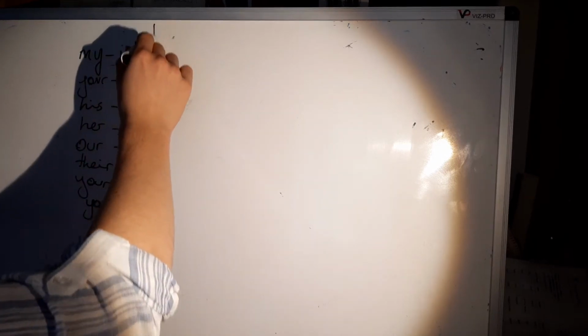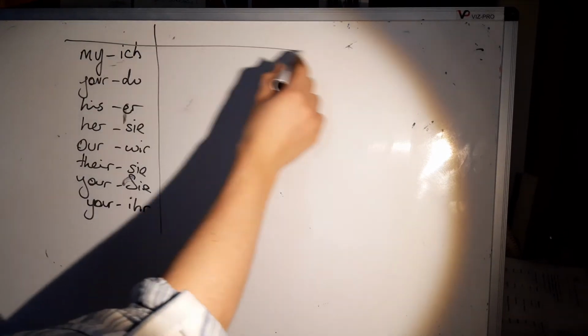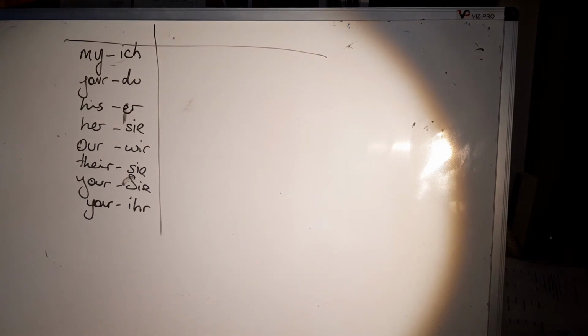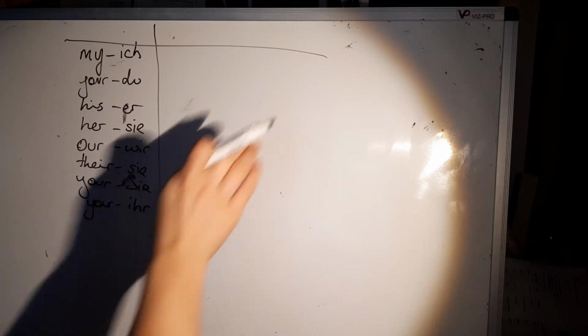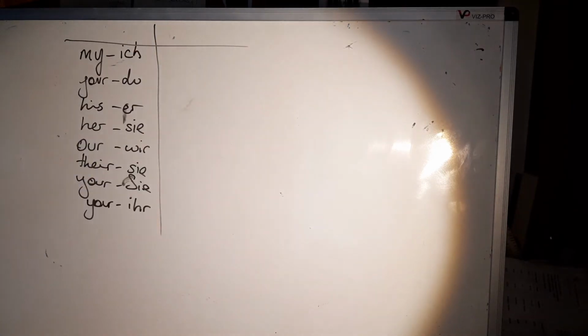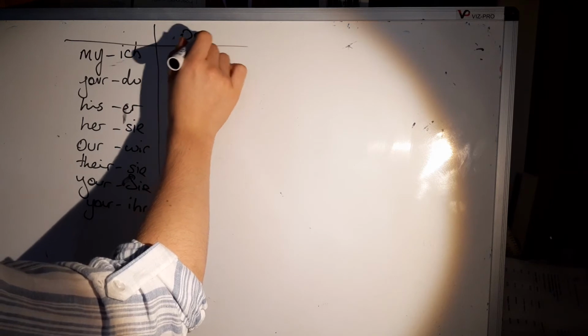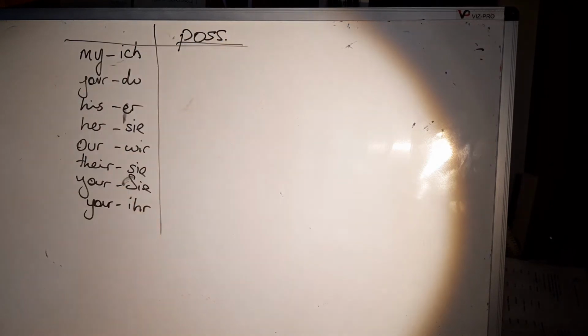However, let's get on to actually how you do the definite article. So I'm not going to keep repeating the possessive adjective. I'm so silly. The possessive adjective. Right. Now, I'm just going to write pos here because it's easier than writing possessive article or adjective, whatever you want to call it, every single time.